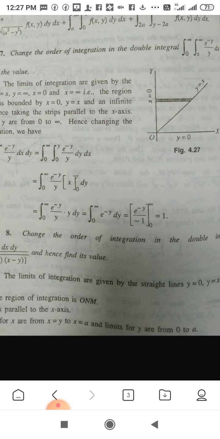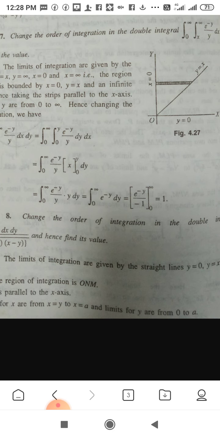Putting the lower and upper limits, when we put e to the power minus infinite, it becomes 1 upon e to the power plus infinite, and it becomes 0. Minus e to the power minus 0, that is e to the power 0, and it becomes 1. So minus 1 is equal to, again, plus 1.